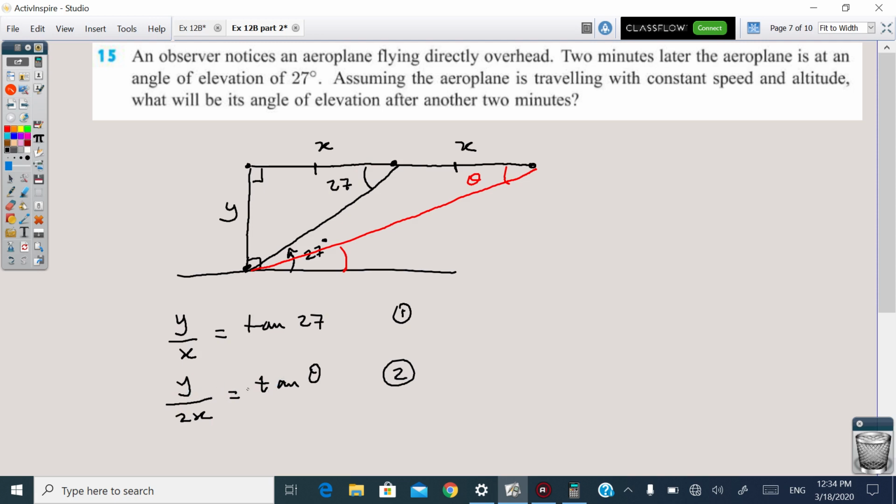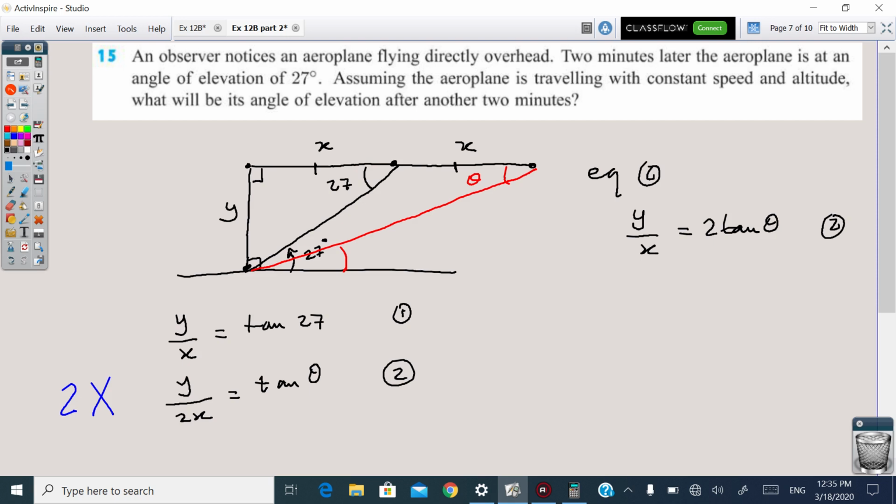So equation 2 becomes, if we multiply both sides by 2, we get y over x equals 2 tan theta. So this is the new version of equation 2.